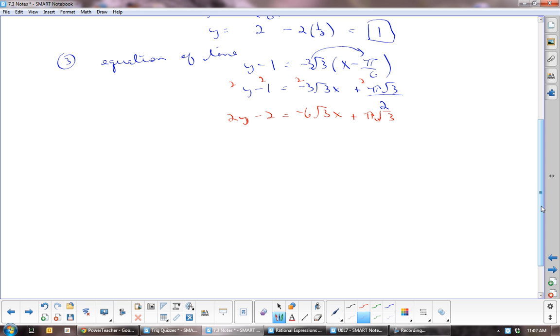Okay, so let's put everything on the left side. So I would have 6 root 3x plus 2y minus 2 minus pi root 3 equals 0.